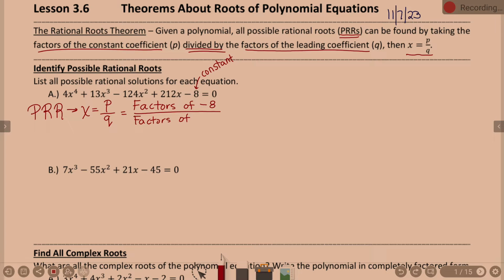The 4 in front or the exponent 4 is my point there. Okay, so where do we find the leading coefficient? In front of the highest power, right? So the highest power in this problem is x to the 4th. The leading coefficient is the number in front of that, so it's the 4 out front. Okay, so on bottom we're going to be doing factors of 4.